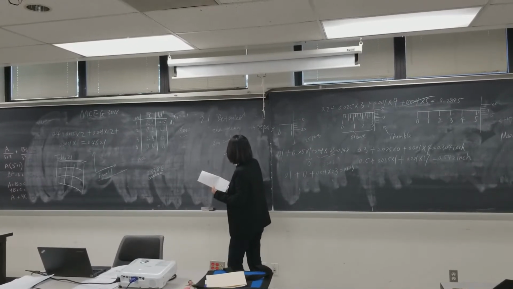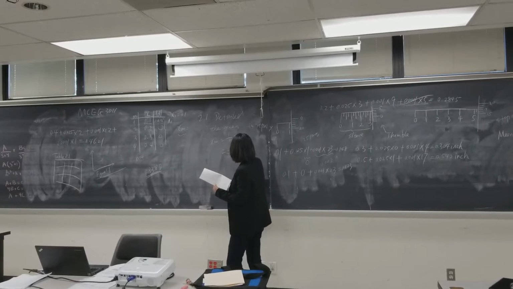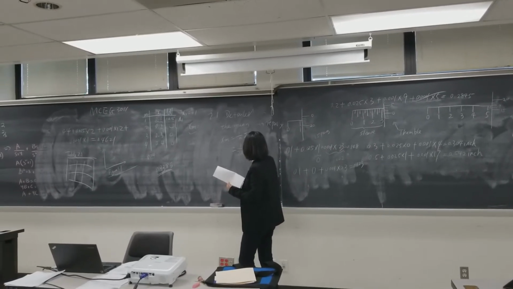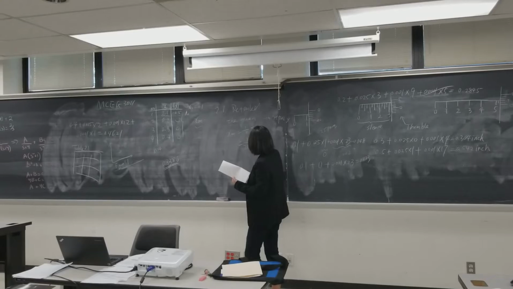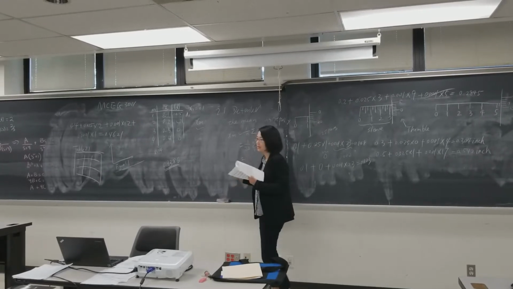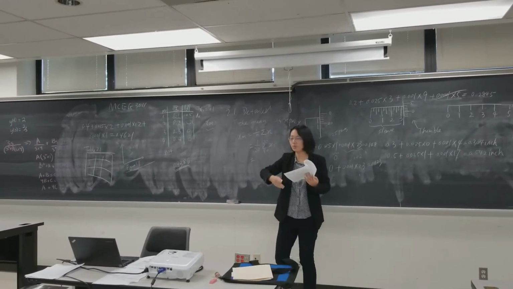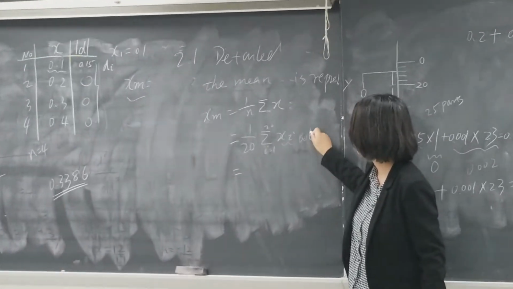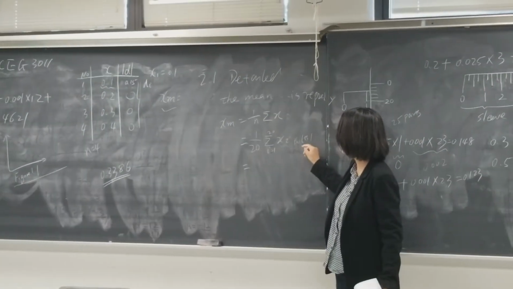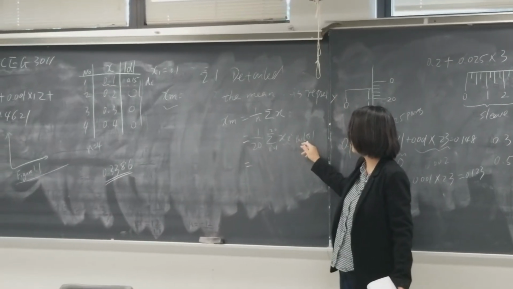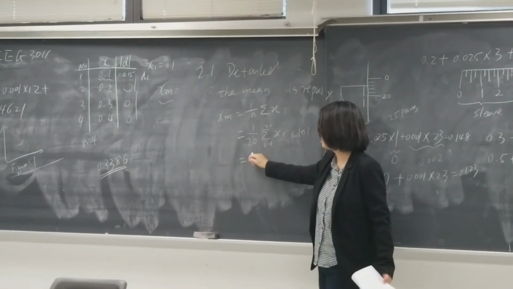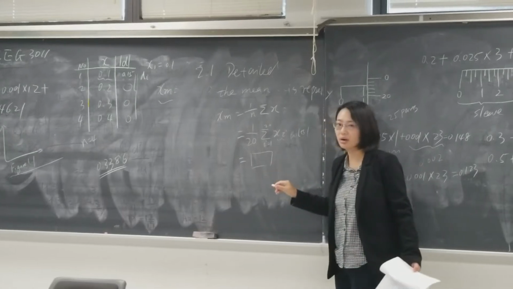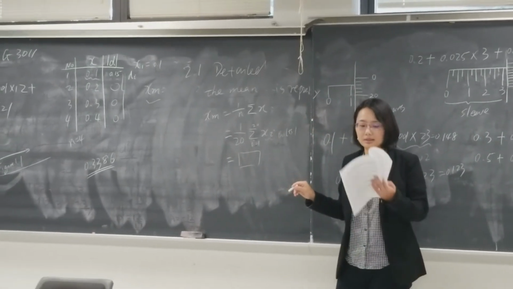So we have 20 data, right? So for like say for both one, you all take both one, okay? Take both one data as an example. You bring in all the value from both one and give the result here. This is called detailed sample analysis.